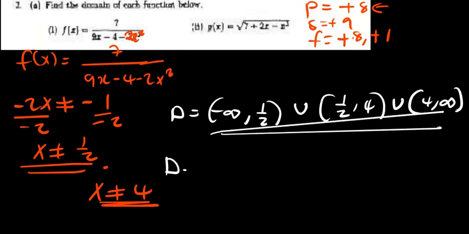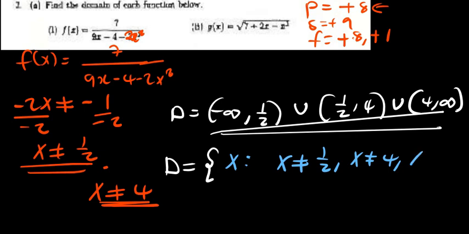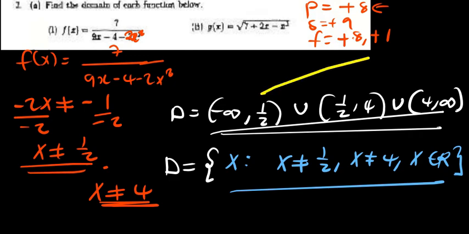I can also use set builder notation and say x is such that x should not be equal to half and x should not be equal to 4, but x should be a member of all real numbers. But the best way to present this is the interval notation.